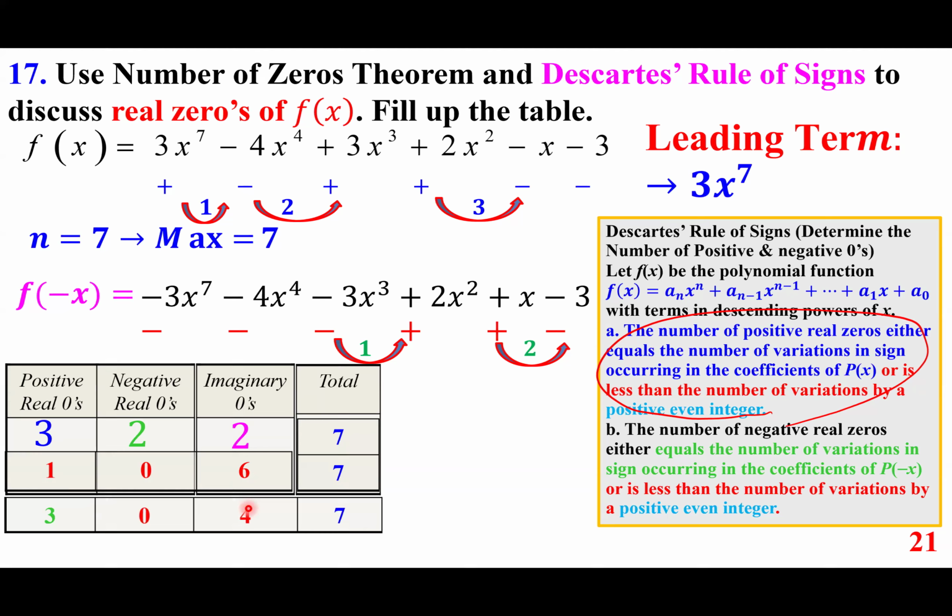Remember, the total 7 remains unchanged. Or maybe we keep the 2, we don't change that, but this one is 1. So 1, 2, then this is also 4. And those are all the variations.